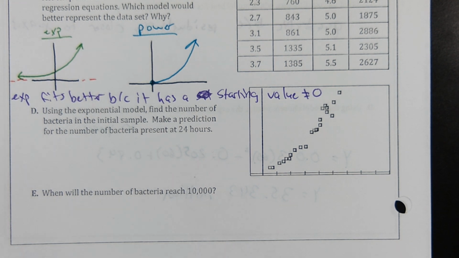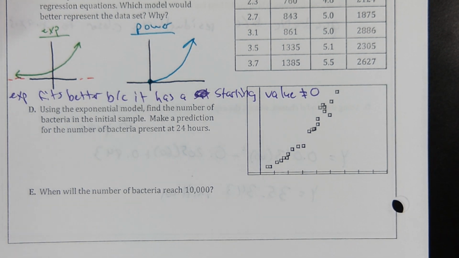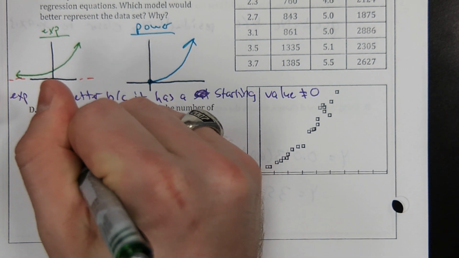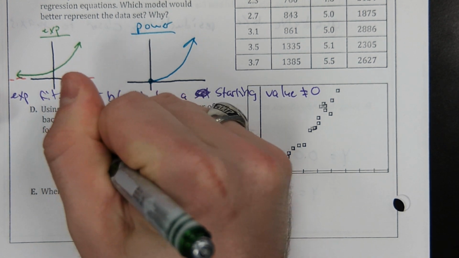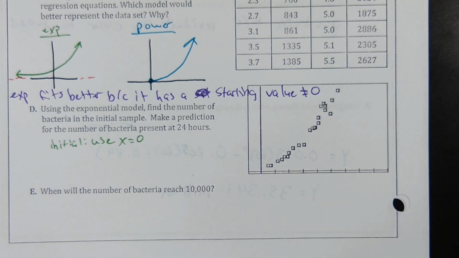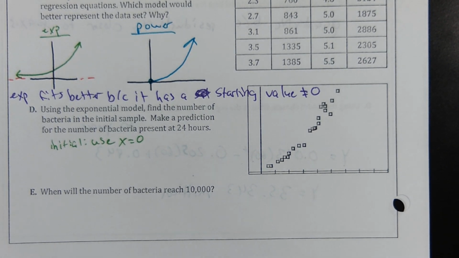So if you wanted to know the initial value, you would substitute in the value t or x equals 0. Since it's time, they said x. So for the initial population, just use x equals 0, which is why we're actually choosing the exponential model as the better fit, because it has a population at the beginning.